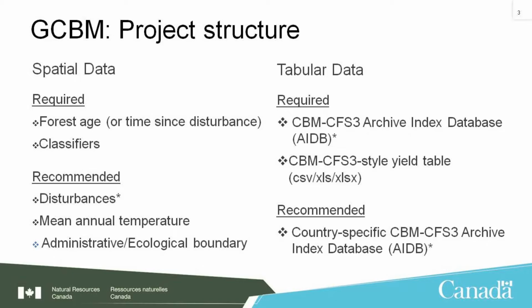In terms of non-spatial or tabular data, the GCBM requires a CBM-CFS3 archive index database, which contains the library of non-spatial ecological modeling parameters, and a CBM-CFS3 style yield table in .csv or Microsoft Excel format. For those applying the model outside of Canada, using a customized archive index database with country-specific ecological modeling parameters is recommended to improve the carbon results.